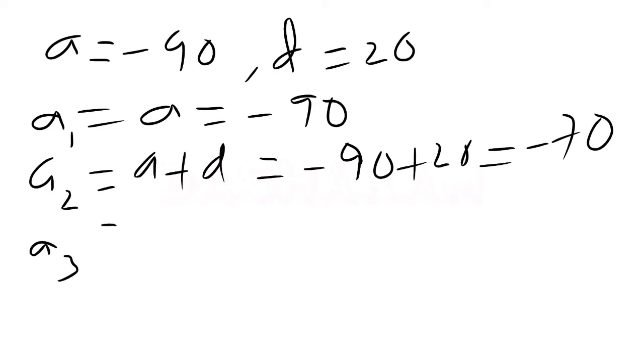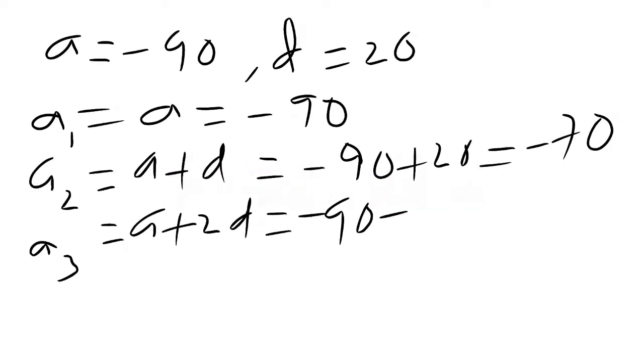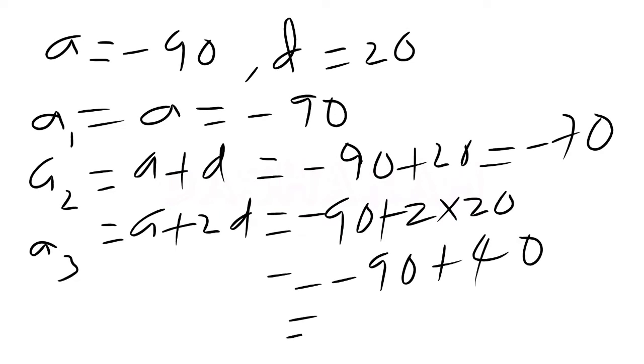Next, A3 equals A plus 2D, so minus 90 plus 2 into 20, which is minus 90 plus 40, equals minus 50. So 3 terms are completed.